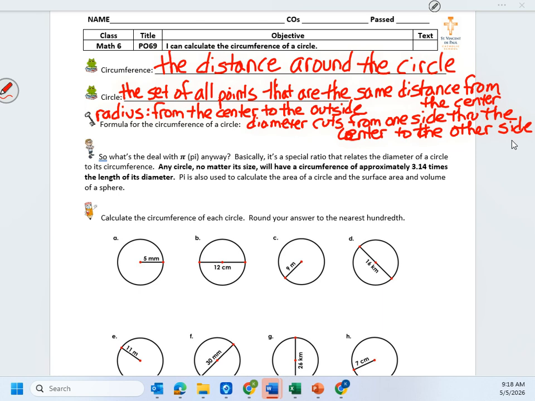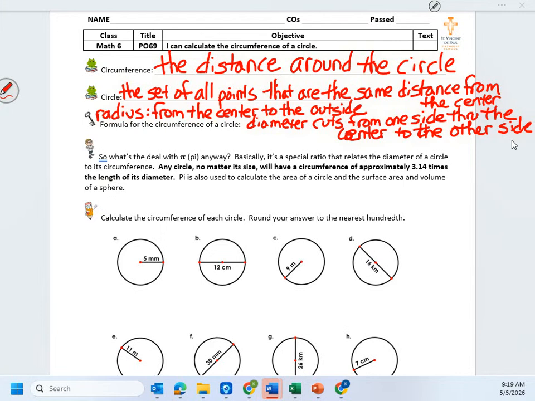So with our circle, we need to know what a radius is and what a diameter is. The radius goes from the center out to the side. The diameter goes from side to side through the center. Important to know that because we use the radius and the diameter to find the circumference.